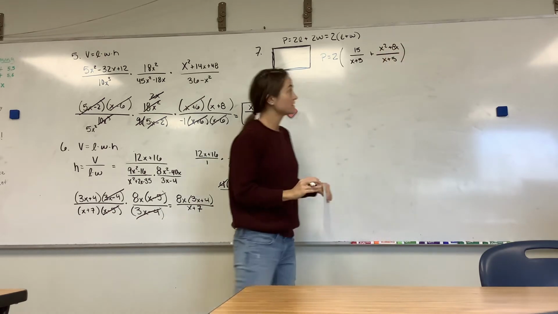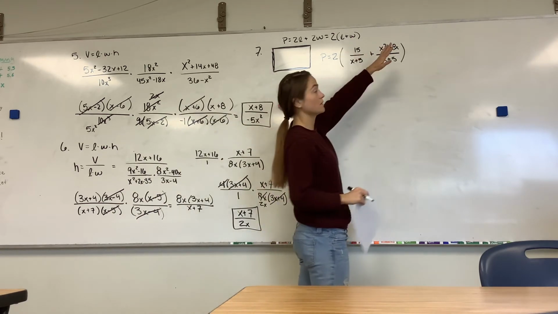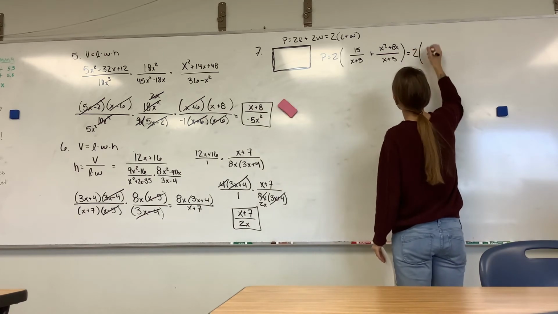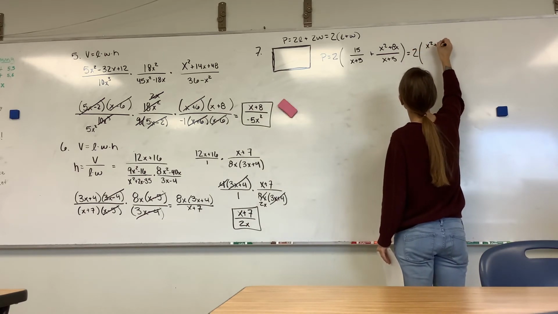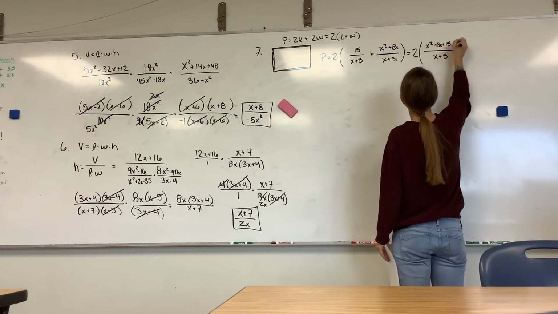Now, I've been pretty nice to you here because these already have a common denominator, so all you have to do is combine the numerators. So this is equal to 2 times x squared plus 8x plus 15 all over x plus 5.